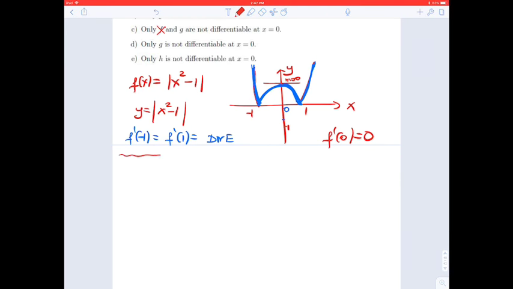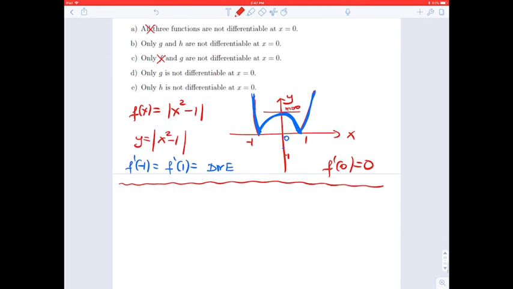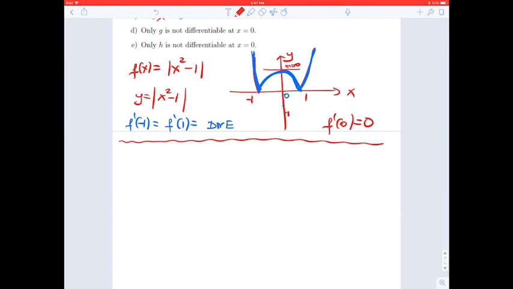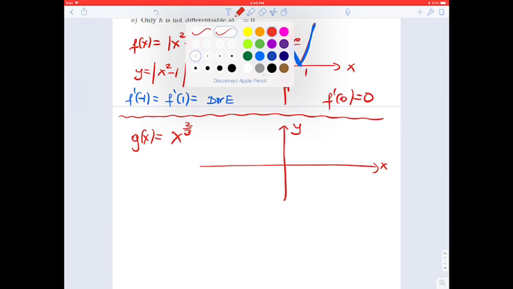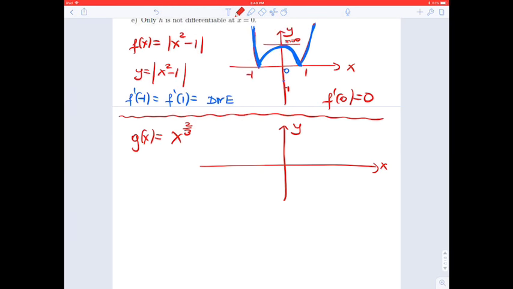Let's check the other function, x to the power of 2/3, the cube root of x squared. This is also one of the fundamental functions, and I recommend knowing its graph. The function looks like this.